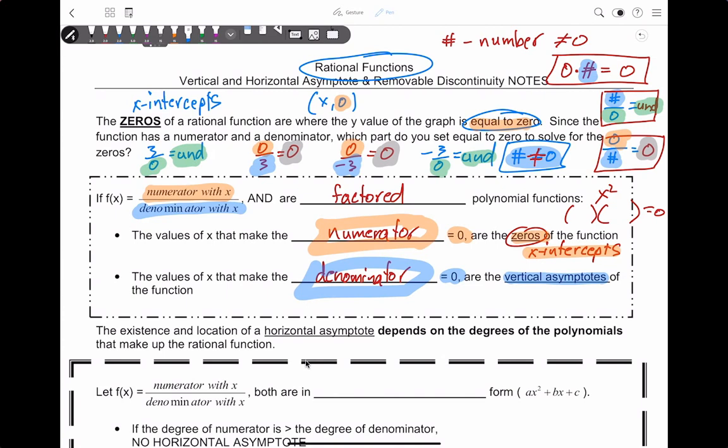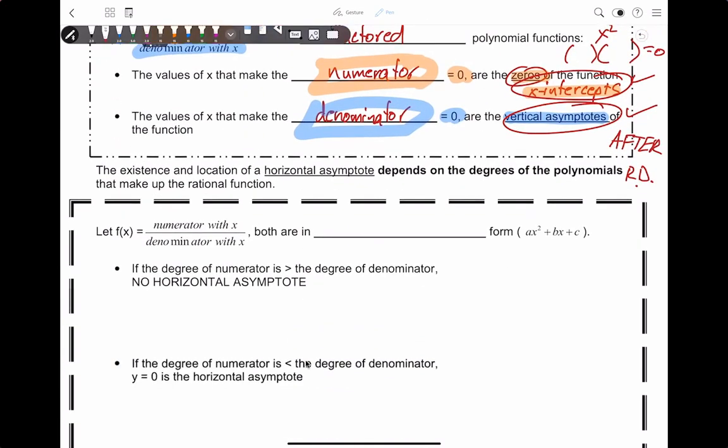So that's a new thing that we're going to learn, okay? So this is the instance that will give you the x-intercepts and the vertical asymptotes, but this is after you have accounted for removable discontinuities. And we'll talk about what those mean here in just a bit. So RD, removable discontinuities. Okay?